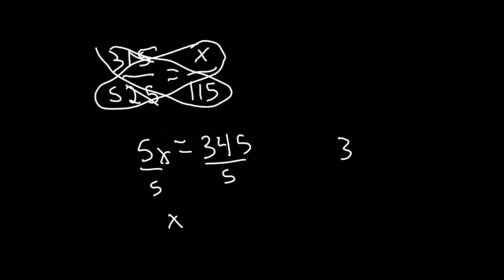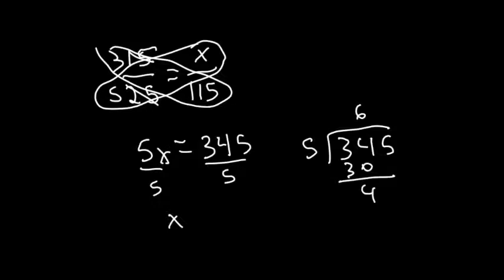So 345 divided by 5. 5 will go into 34 6 times, which is 30. Subtract, you get 4. Bring down the 5. 5 goes into 45 9 times. So x equals 69.